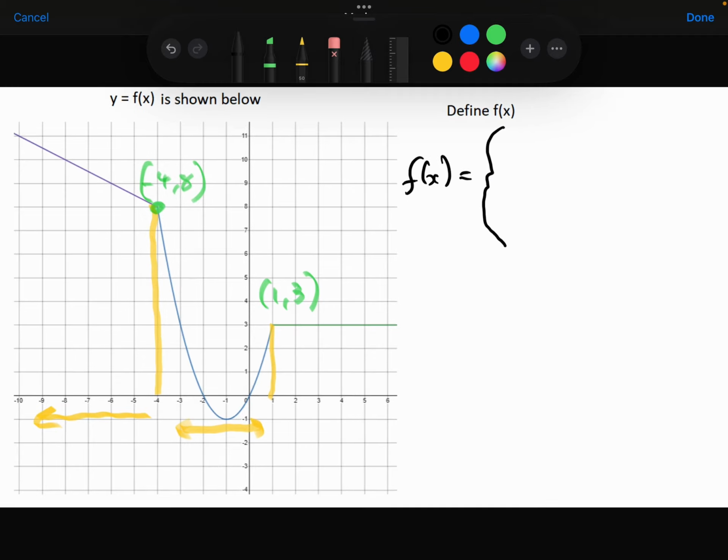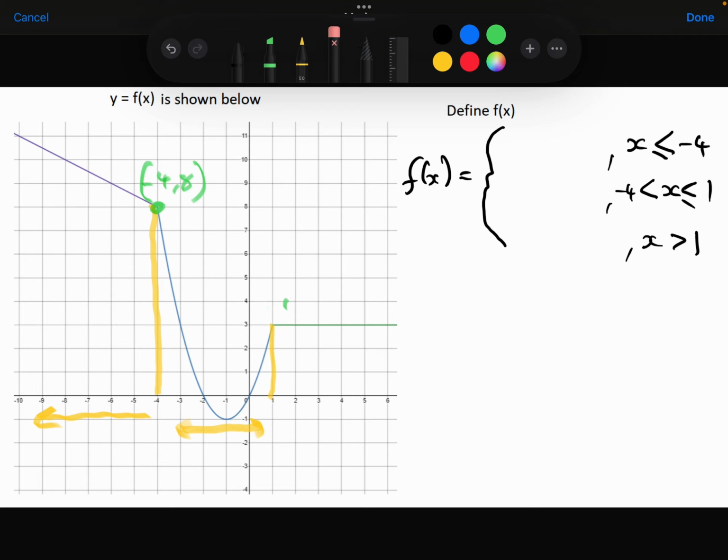For the purple line, I'm going to say that the domain is x less than or equal to minus 4. I'll include the minus 4 with the purple line. Then the quadratic will be when x is greater than minus 4 but less than or equal to 1. I'll include the 1 there. And then the green line will be for where x is greater than 1.